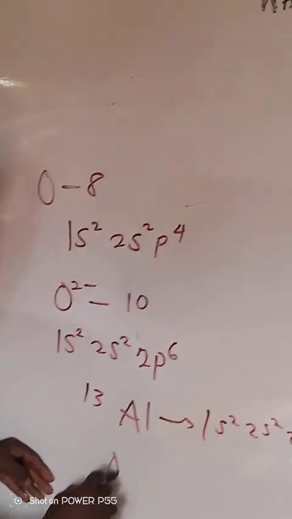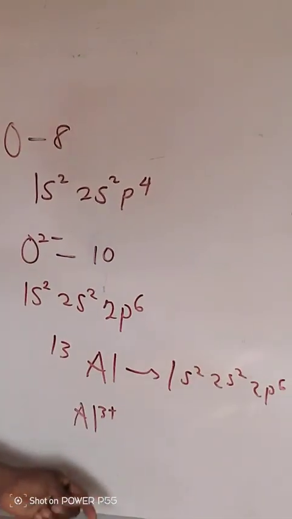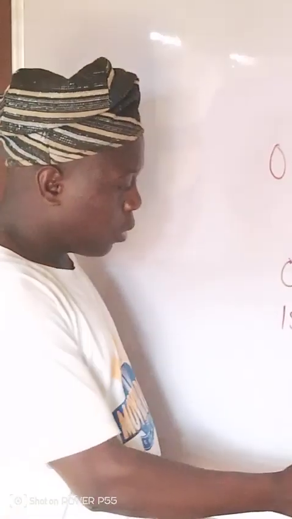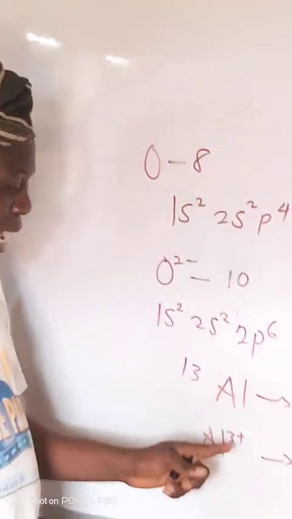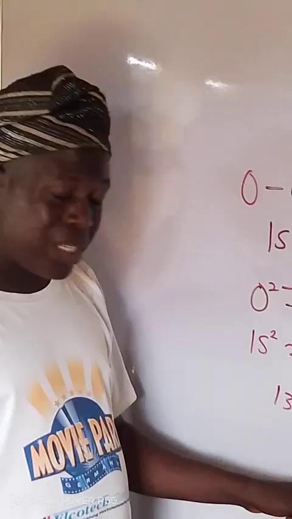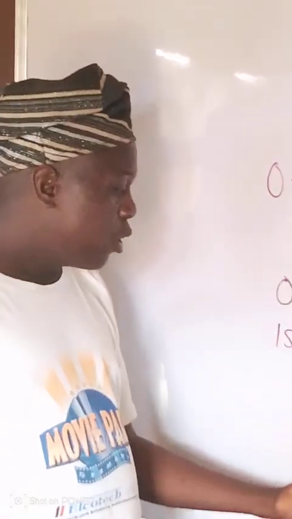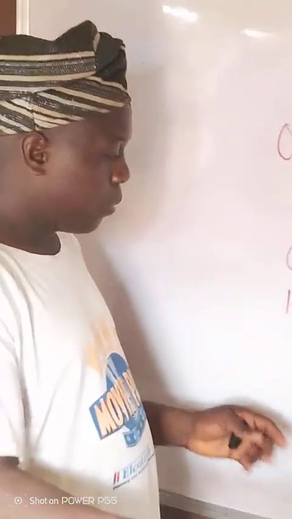If you have been given aluminium ions, and the question asks you to write the electronic configuration of the aluminium ion, it will be what? Don't forget that this 3+ here means that this element loses 3 electrons. If we subtract 3 from 13, what remains is 10.